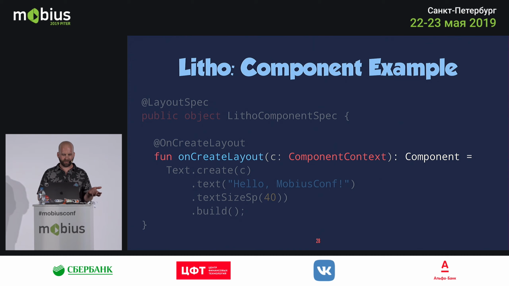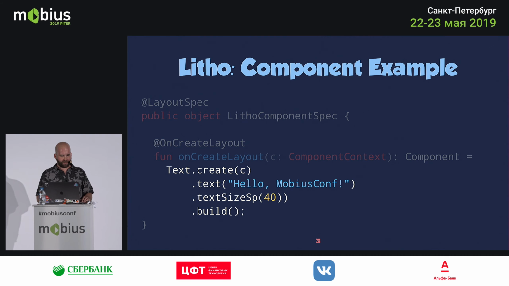They include some additional data in there. Then you actually build your component. In this case, we're making a simple text component using Litho's built-in text component, setting some text and a size, and calling build on it. We'll see in a minute what this results in.